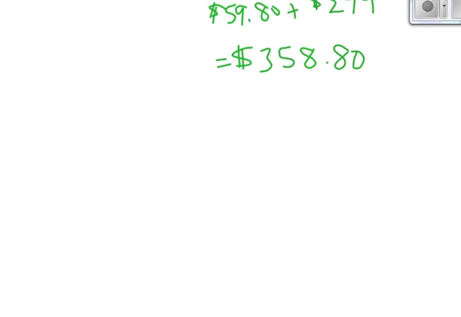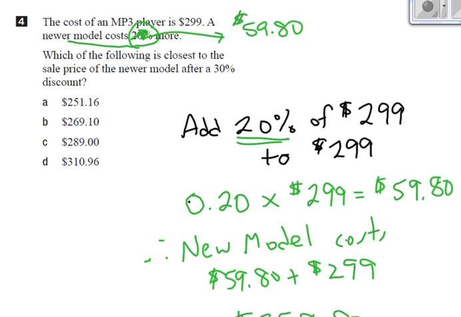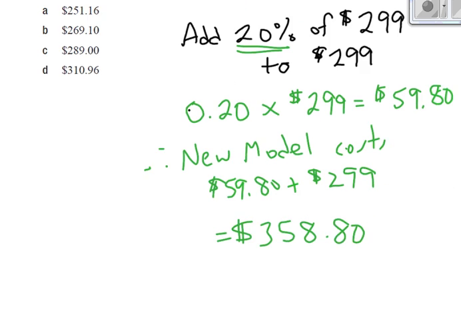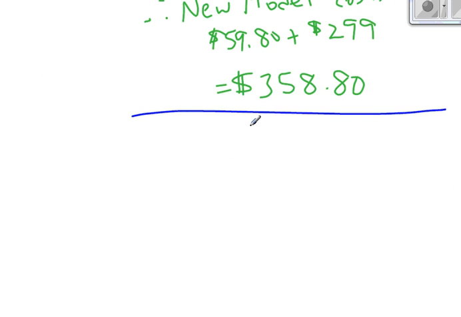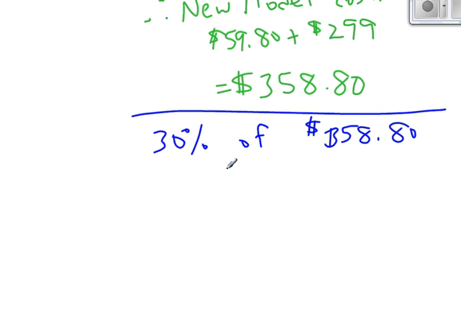Now, going back to the question, we are told that there is a discount, and the discount is 30% off. First, I need to calculate what is 30% of 358.80, and that will tell me how much I'm saving. Again, 30% becomes 0.30, and of means multiply.